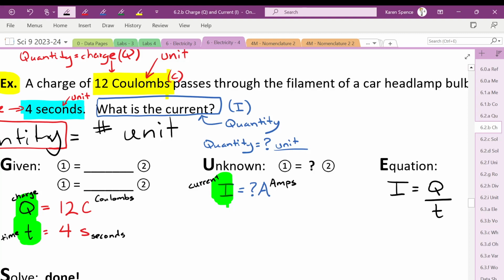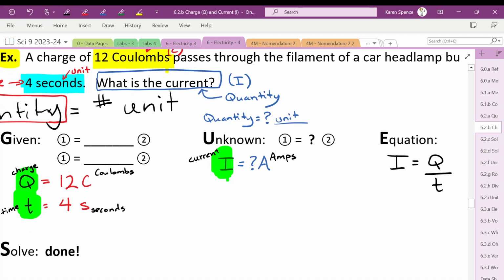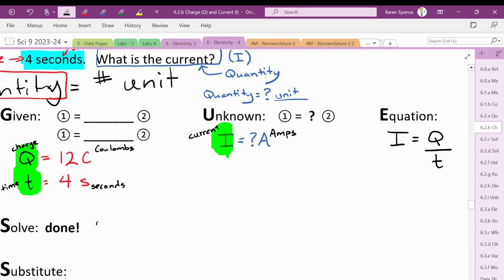What's the first S in GUESS? Solve. And what that means is we want to get our unknown on the top by itself and on the left.